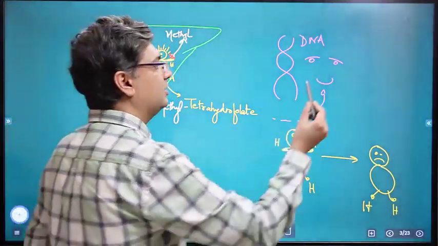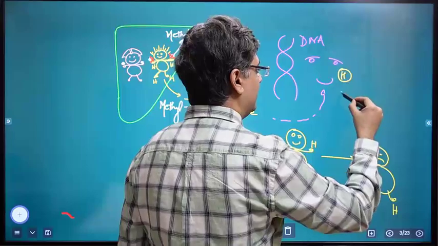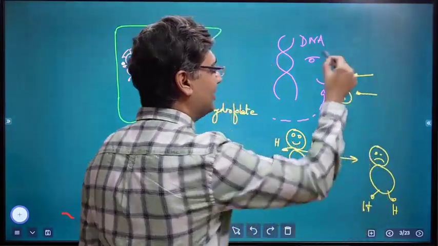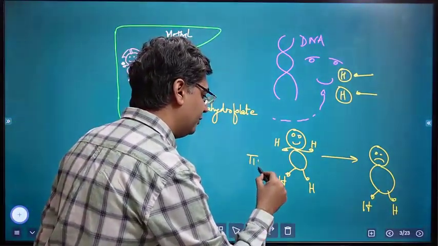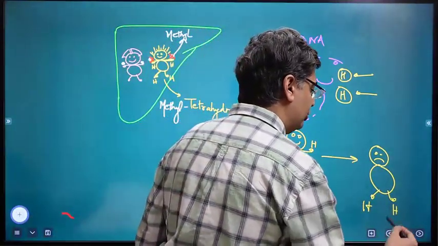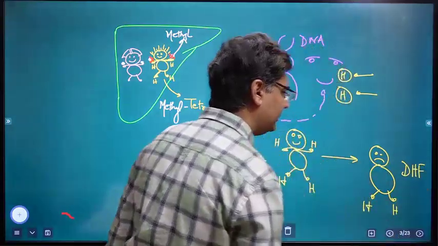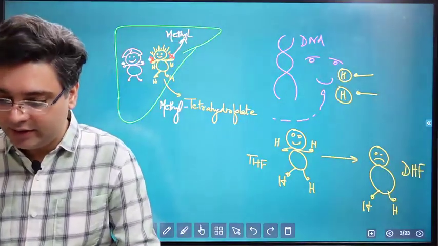The 2H, this H and this H, which were his 2 hands, have been transported to the DNA. And the poor old tetrahydrofolate now has lost 2 limbs. Let's say it only has 2 legs and has converted into dihydrofolate.